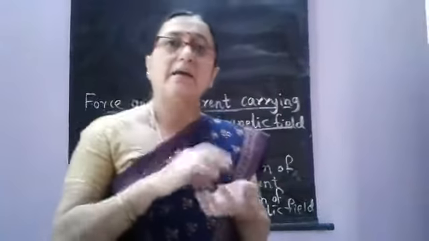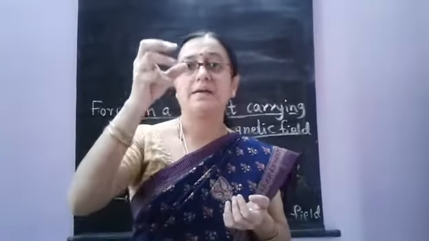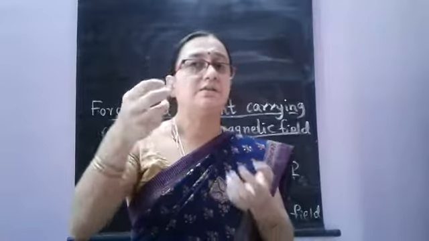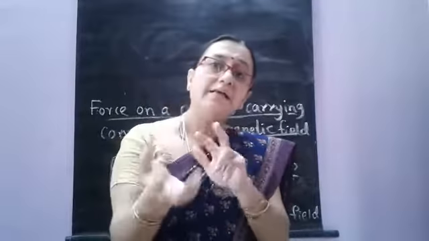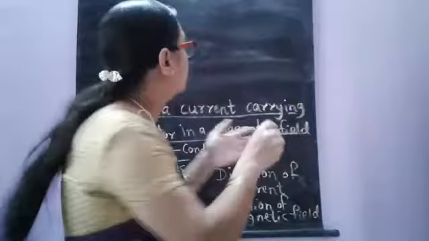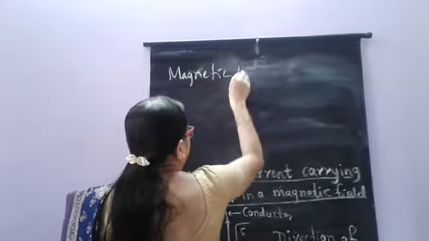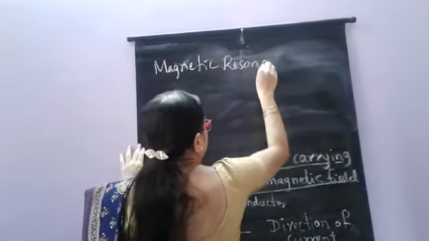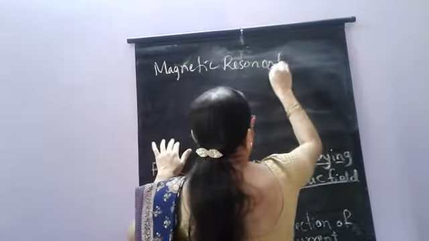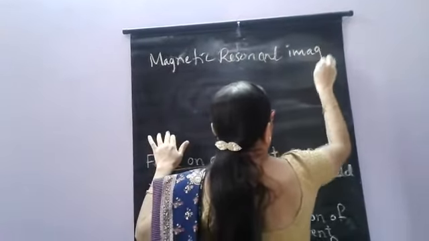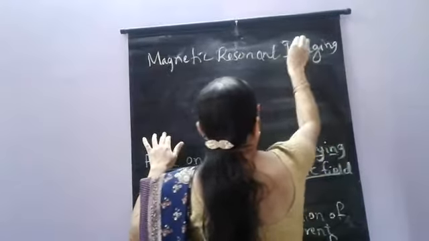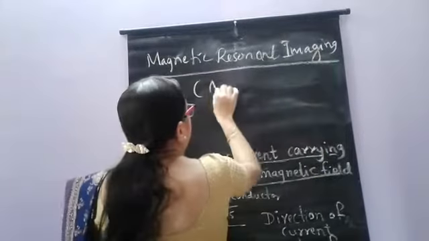This technique of identifying the current which is produced in our human body and taking it as an application is known as magnetic resonant imaging. It is called MRI.